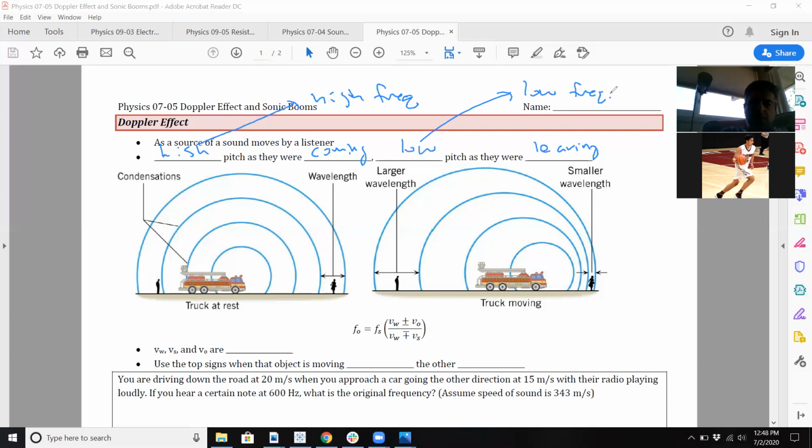Again, FO is the frequency that you hear because you're the observer. Fs is the frequency of the source.